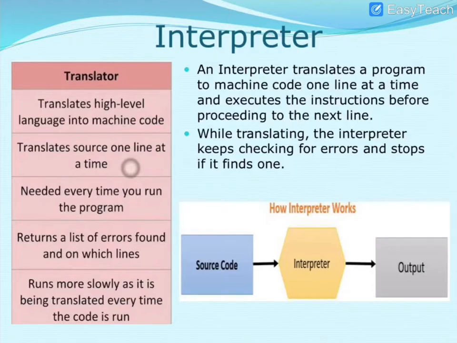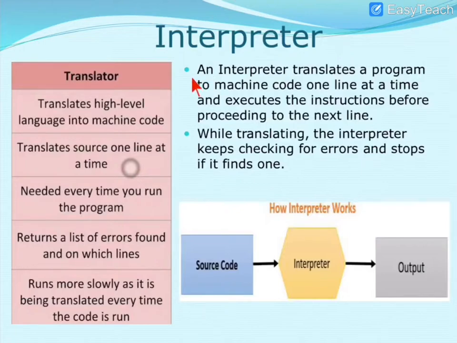So while writing a program in a high level language, you have to follow certain syntax rules, and if you do not follow them and you commit an error, the interpreter stops working at that line and tells you that there is an error in that line. Then you have to go back to the source code, correct that error, and start the interpreter again.